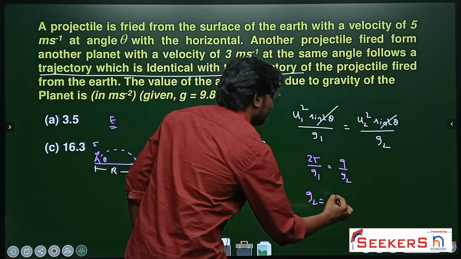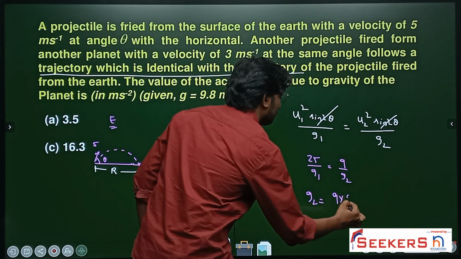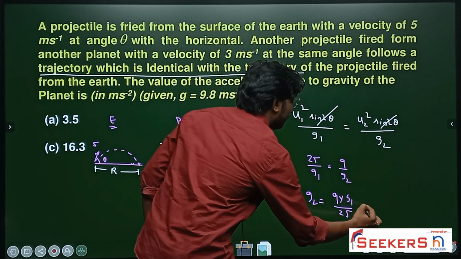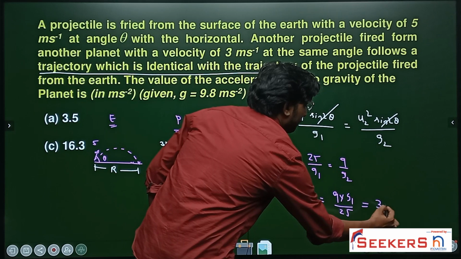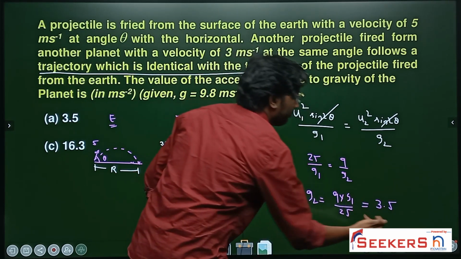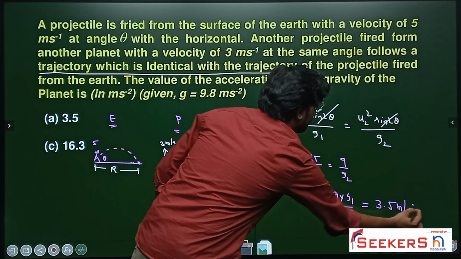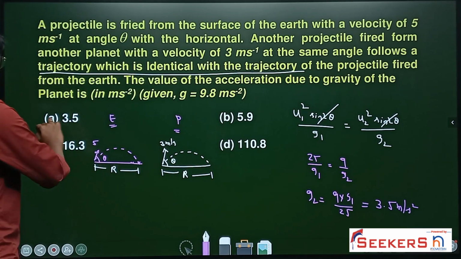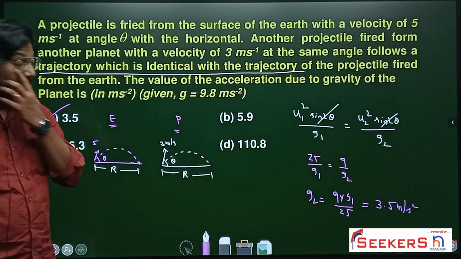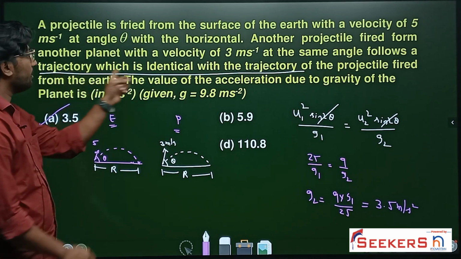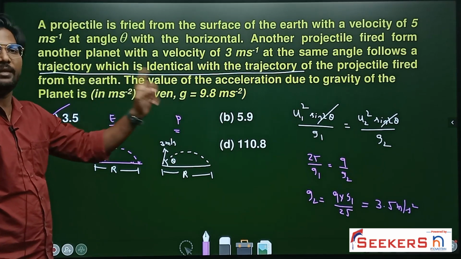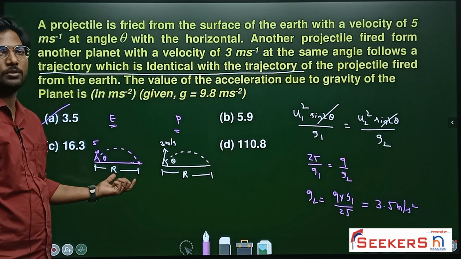So g2 is equal to 9 times g1 divided by 25. So this value will be approximately 3.5 meter per second square. So which is option A. Okay, it is simple. So the technique is this particular statement. Trajectory equal means the horizontal range will also be equal.